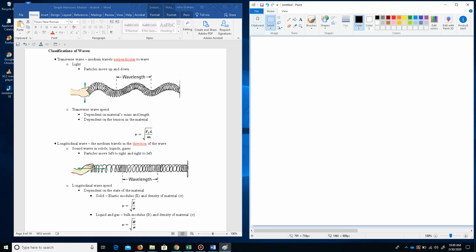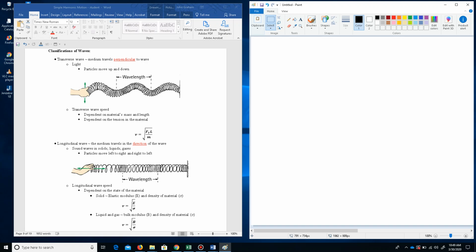How we would normally draw a wave would be a transverse wave. The particles move up and down as the wave moves across, so the particle movement is actually perpendicular to the actual movement of the wave.